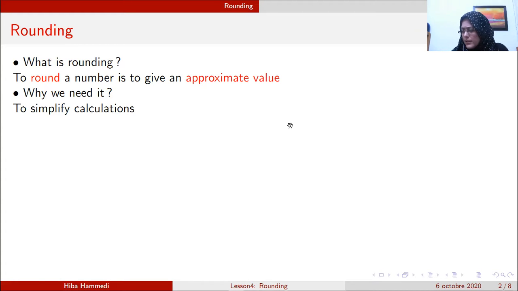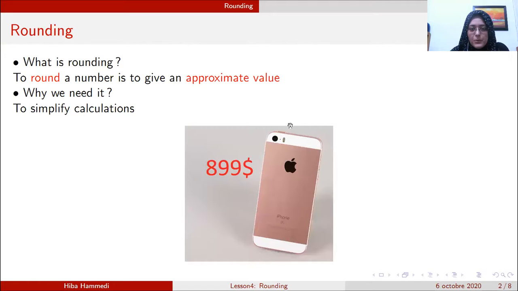Or another way to see why we need rounding is when we are dealing with money. Because, for example, you will see in advertisements, they will tell you that this iPhone is only 899. And you will think that, yeah, I'm paying 800 and something. But in reality, you are paying 900 minus something.